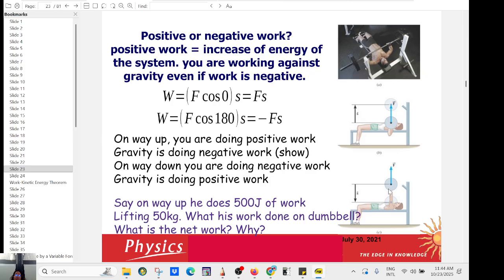If gravity was not there, it will speed up. If gravity was not here, it will slow down. The net work is zero because of gravity. It's always working against you. Okay, you are doing work against gravity.